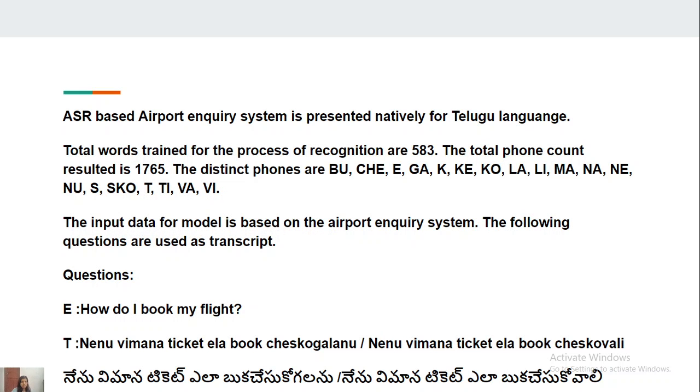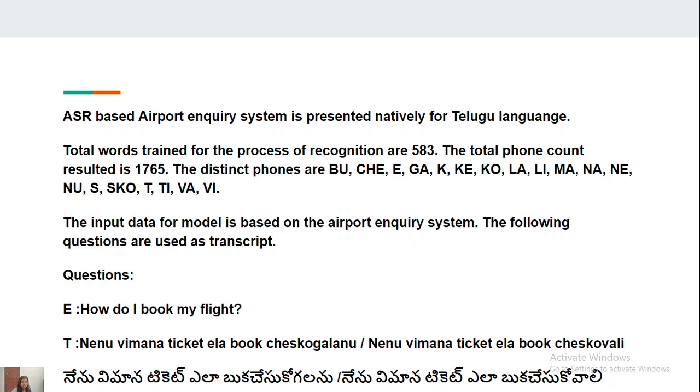Now this is an experimental analysis. An automatic speech recognition based airport enquiry system has been developed natively for Telugu language, and the total words trained for the process of recognition are 583, and the total phoneme count resulted is 1765.